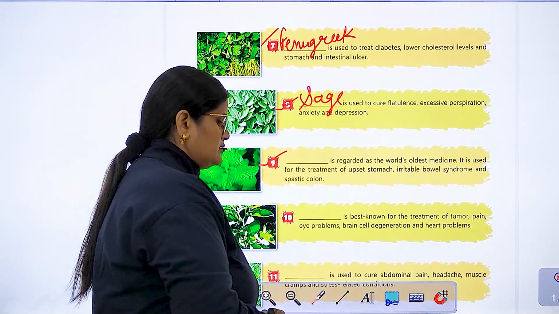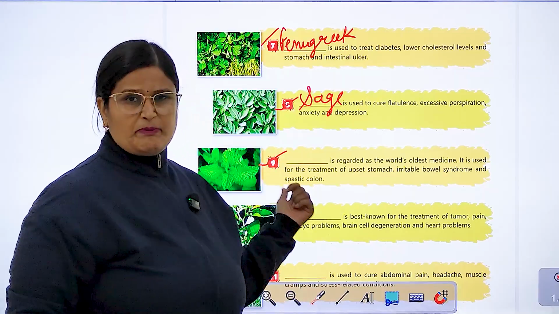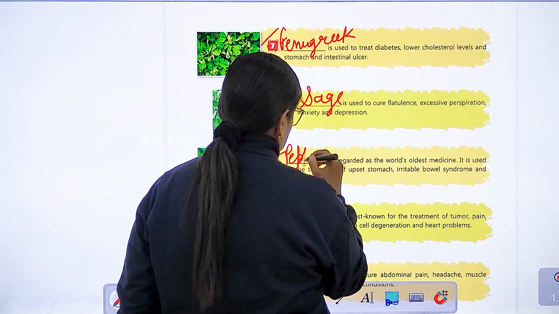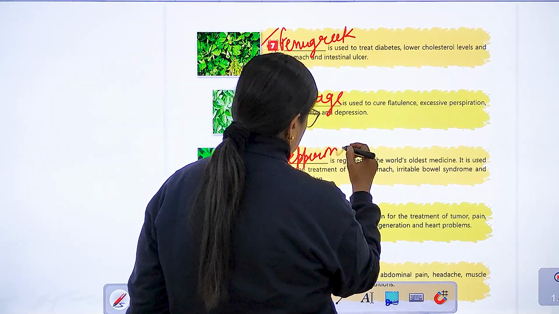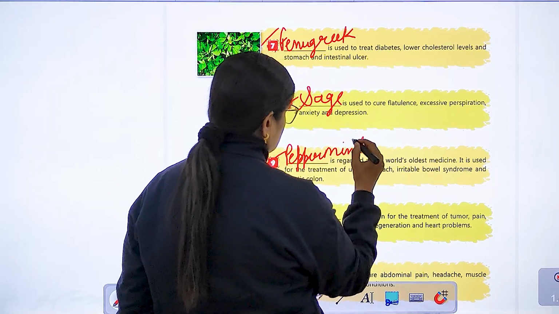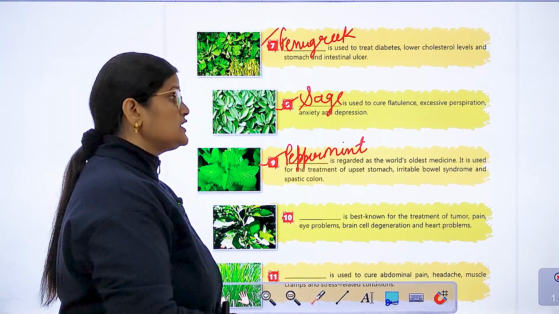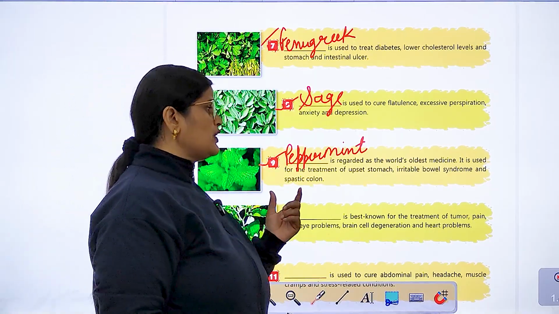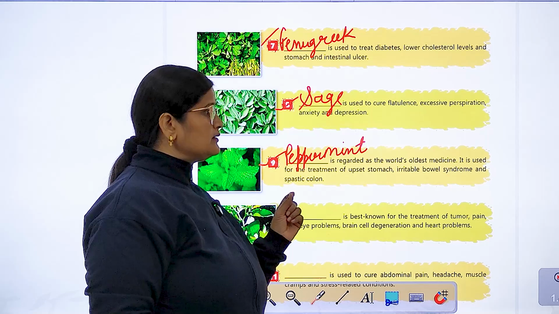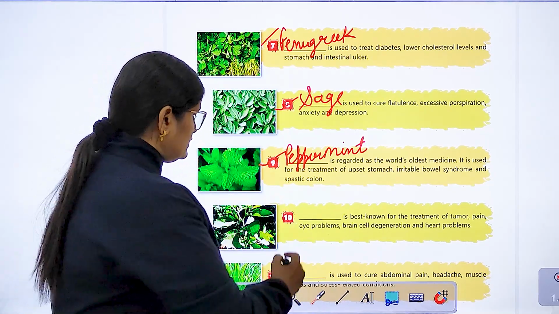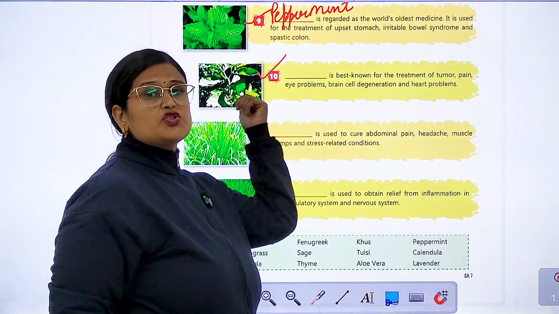Number 9, this is peppermint. Is regarded as the world's oldest medicine. It is used for the treatment of upset stomach, irritable bowel syndrome, and spastic colon. Number 10, this is ashwagandha.